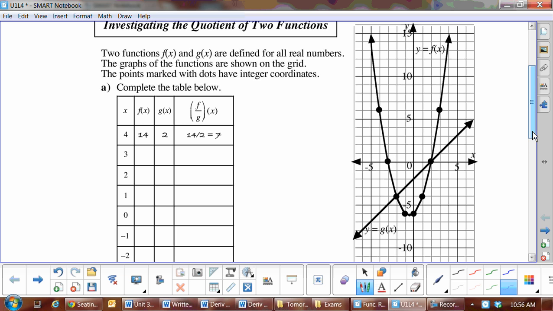Because if y was 0 divided by 3, that means if I have 0 pizzas and we divide them among 3 people, I can guarantee you each person is getting nothing.